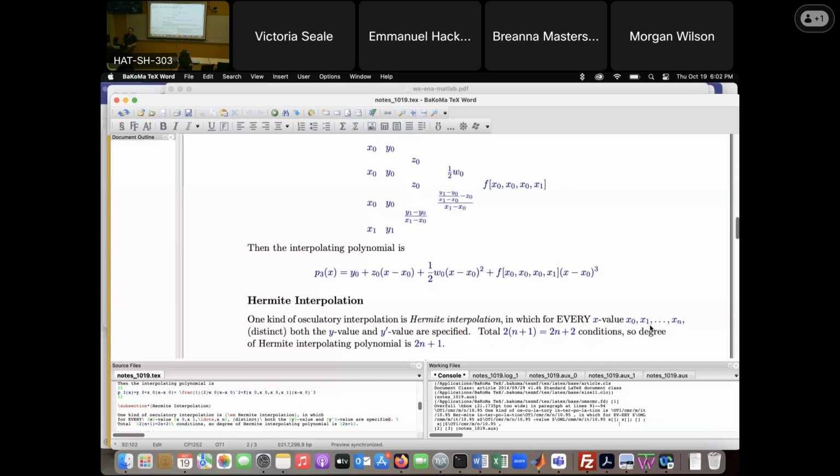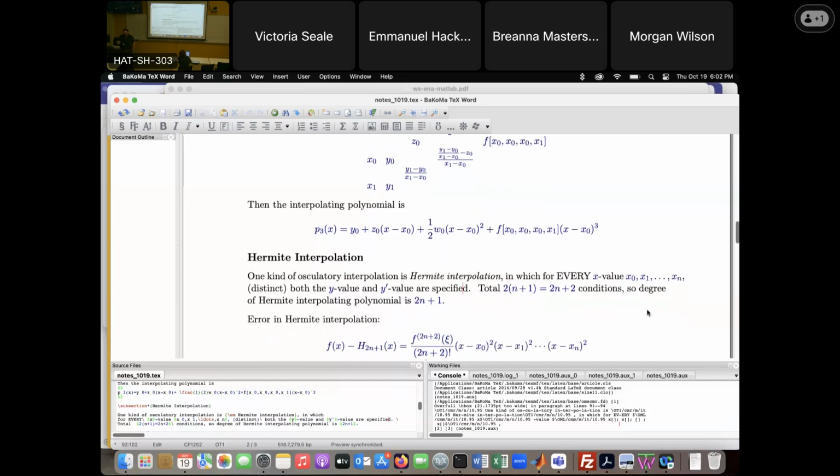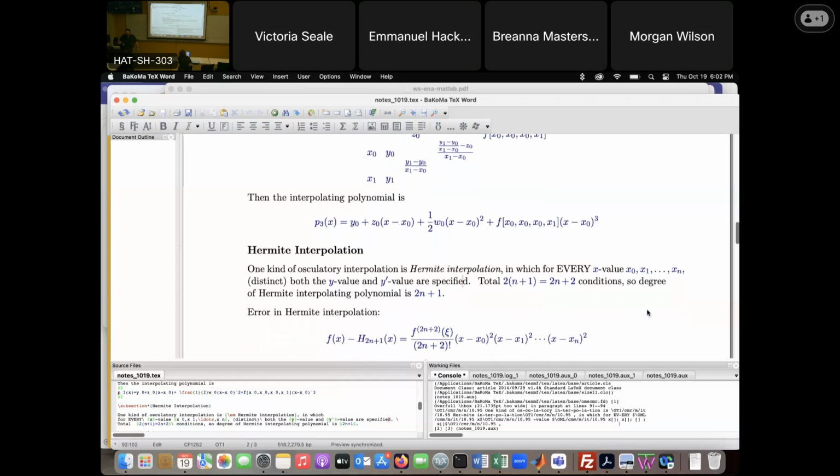So you can think of it as, okay, we're constructing a 2n plus 1 degree polynomial, and you can think of it as n plus 1 distinct x values, or since it's degree 2n plus 1, you have 2n plus 2 interpolation points, but they come in pairs. So the non-distinction would be in the table. Yes, and that's what you'll see in a little bit.